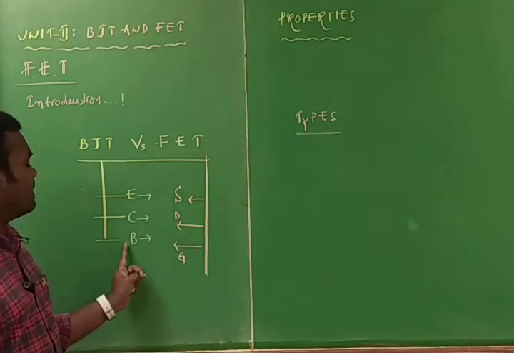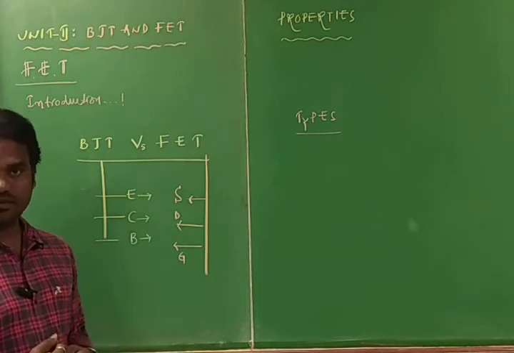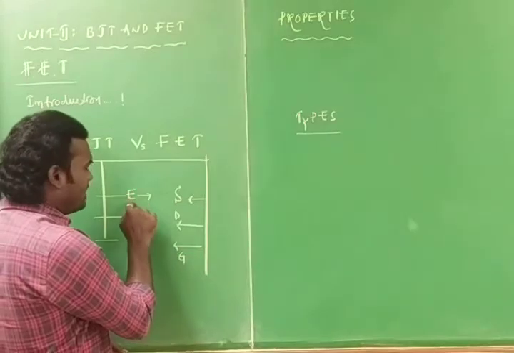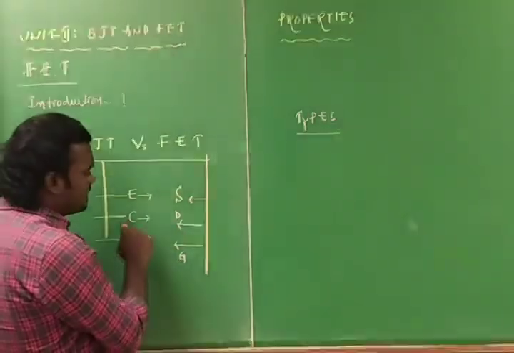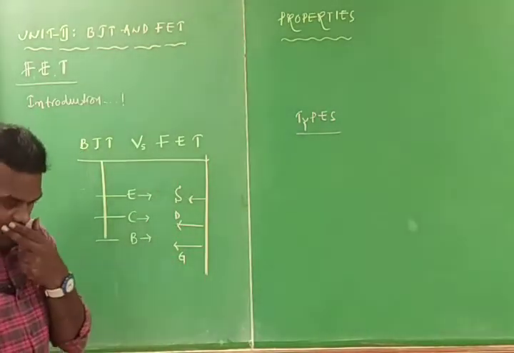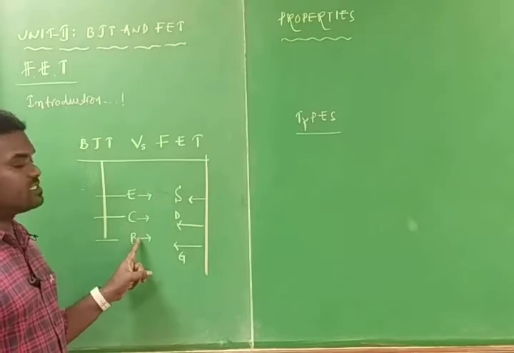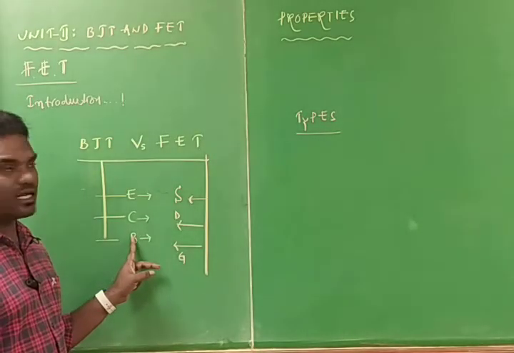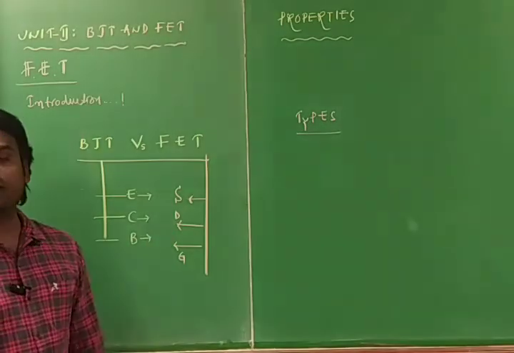But the base and the gate provide distinguished functions. The base acts as a platform for current conduction in the BJT, whereas the gate acts as a controlling input.